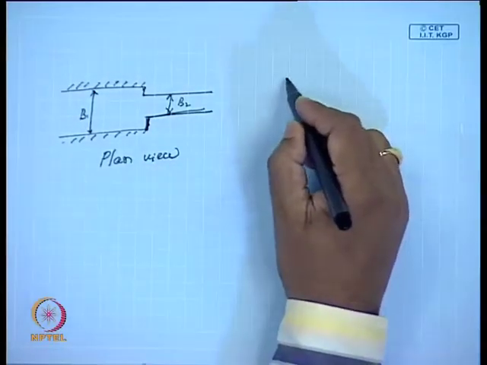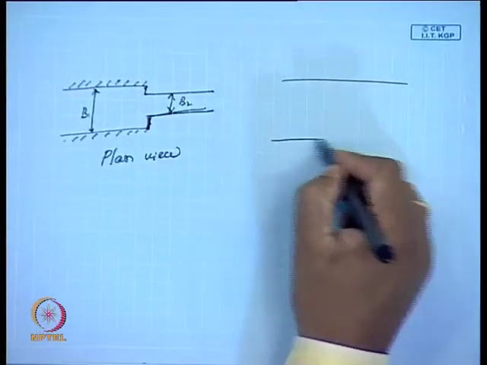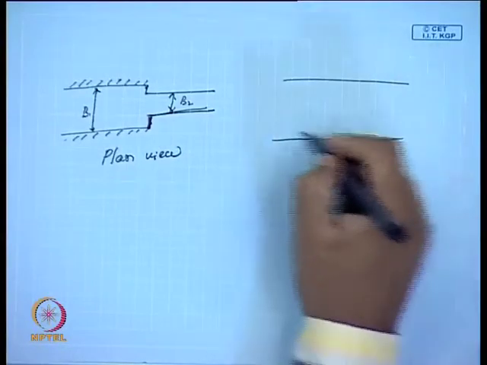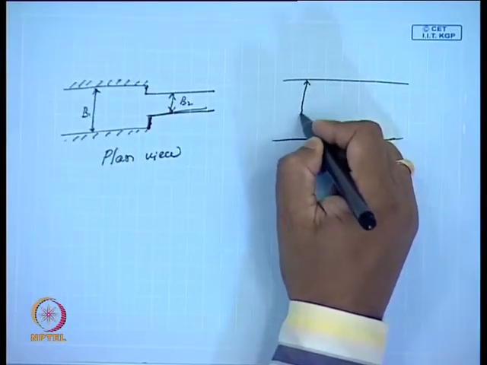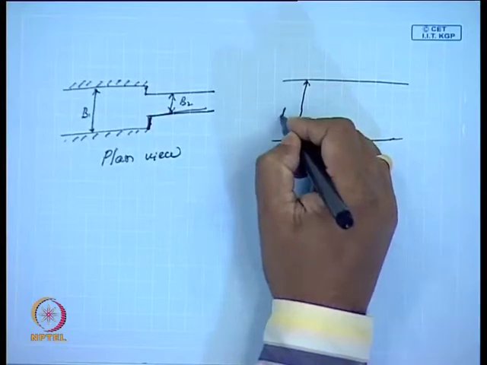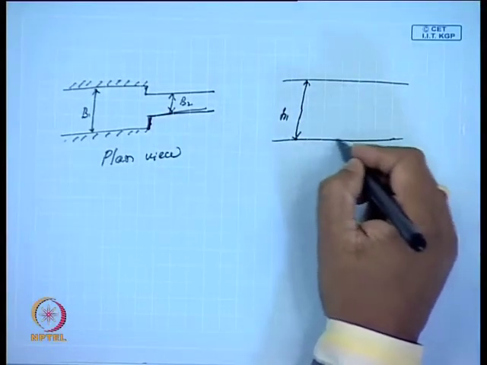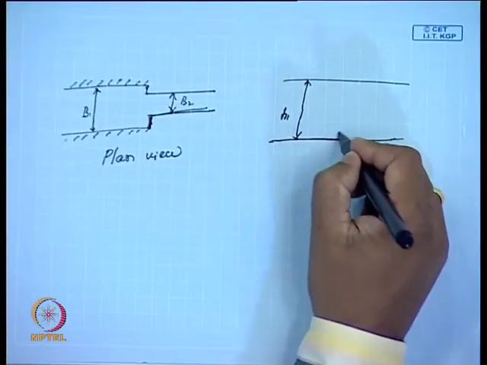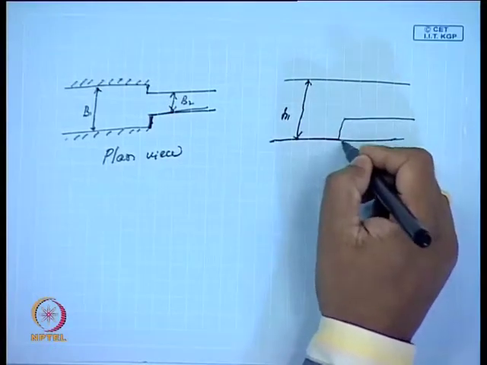And if we look at the elevation, suppose the depth was initially h1 and after some distance the depth has become h2.